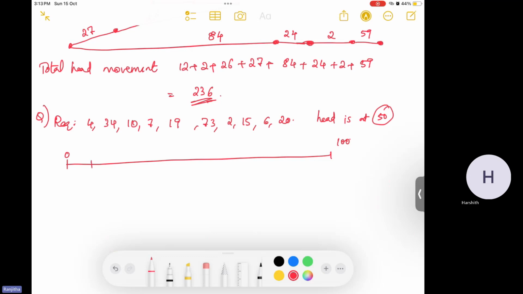So we have 2, we have 4, then 6, 7, 8, 9, 10, 15, 19, 20, 34, and 73.